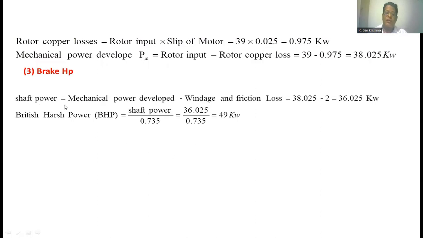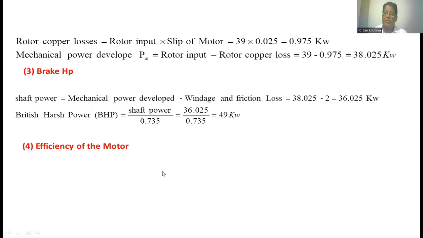So the shaft power equals the mechanical power developed minus the friction and windage losses. We get 38.025 minus 2, which is 36.025 kilowatt. This divided by 0.735 gives 49 HP. This is not kilowatt, it is HP.